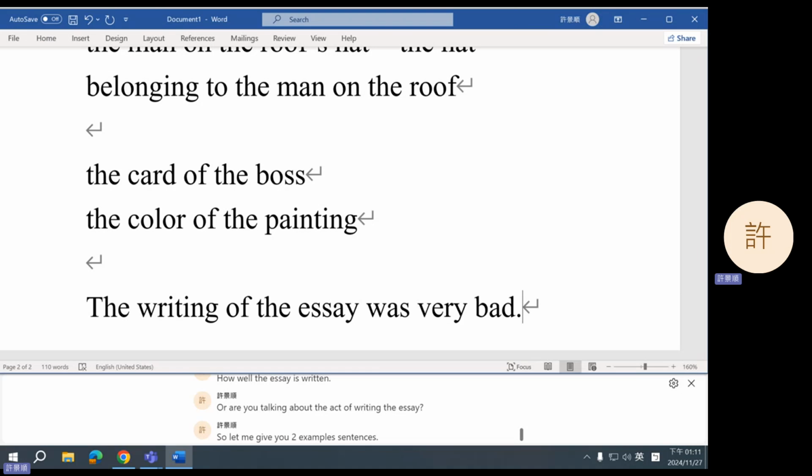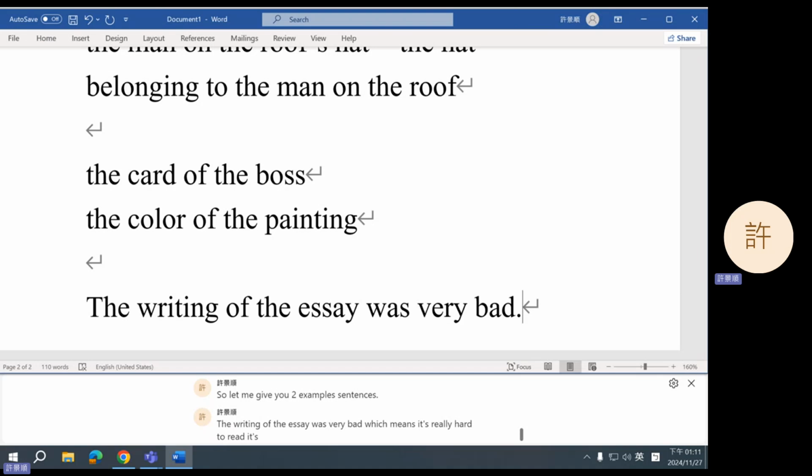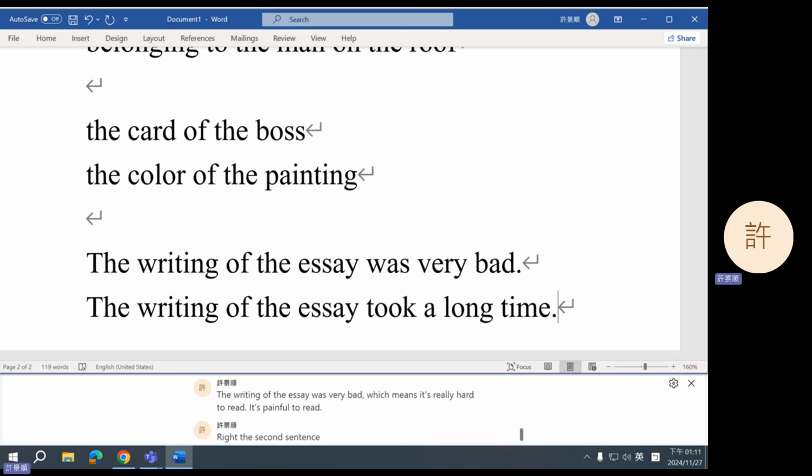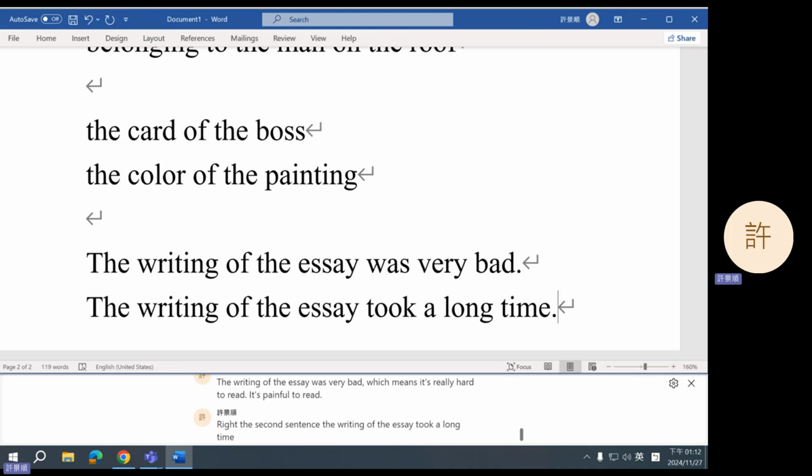The writing of the essay was very bad, which means it's really hard to read. It's painful to read. But the second sentence, the writing of the essay took a long time. So we're not talking about the writing quality, we're talking about the action of writing.